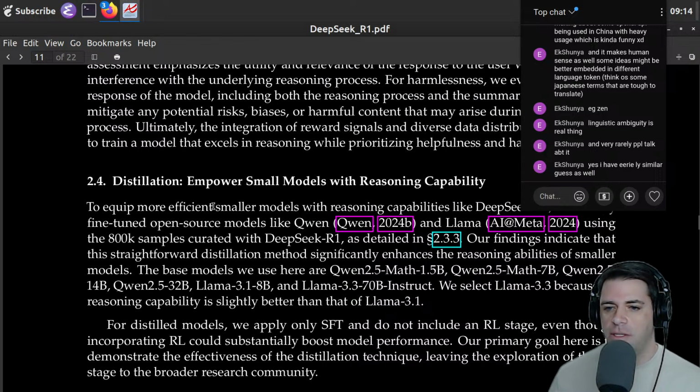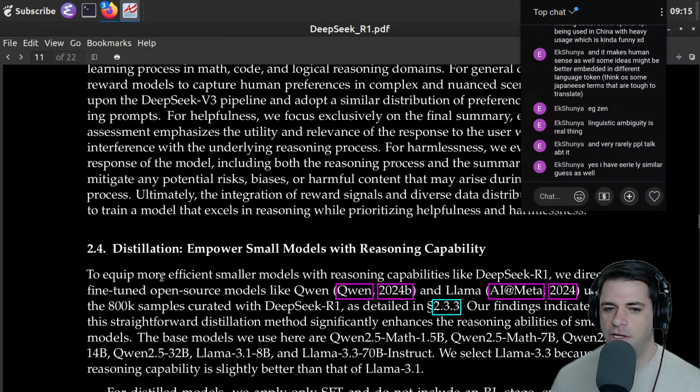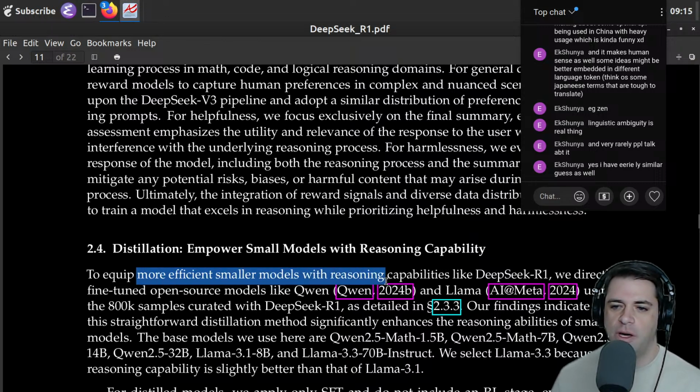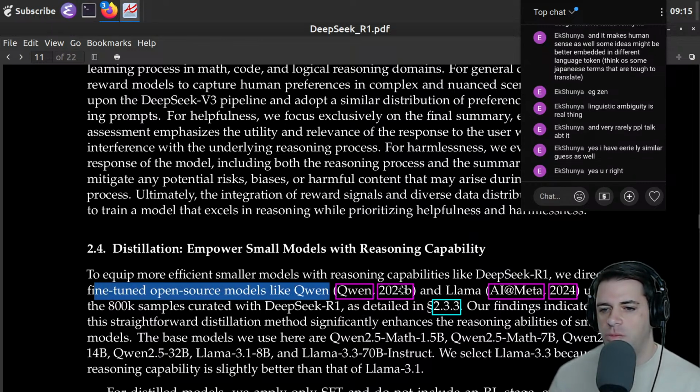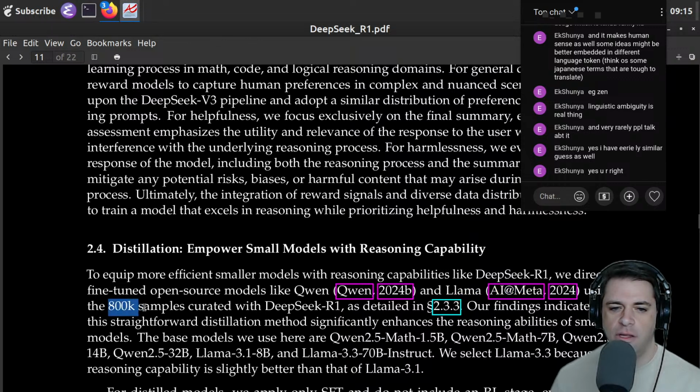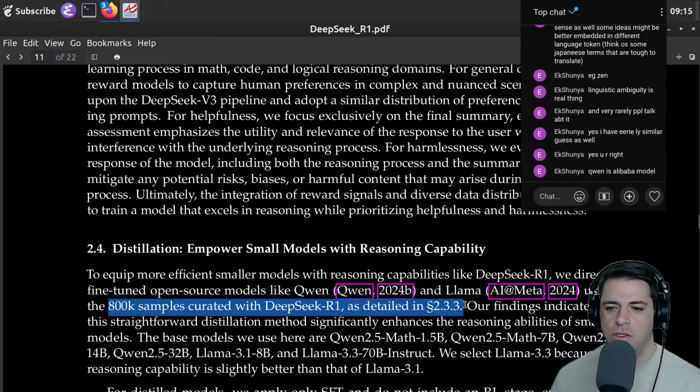But basically what they're doing, I think, is generating reasoning examples from the big model and using them to fine-tune the small models. And let's see if they say literally that. "To equip more efficient smaller models with reasoning capabilities like DeepSeek-R1, we directly fine-tuned open source models like Qwen and Llama," I don't really know what Qwen is, "using 800,000 samples curated with DeepSeek-R1, as detailed in section 2.3.3."